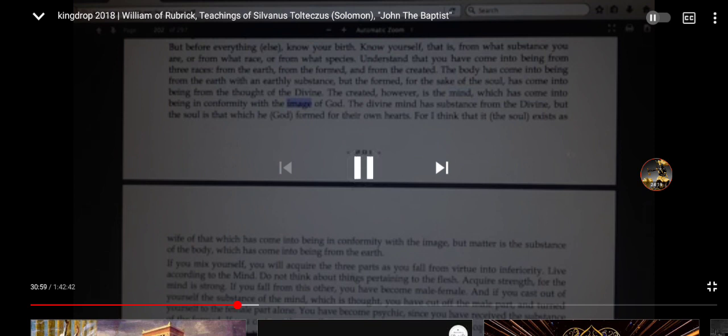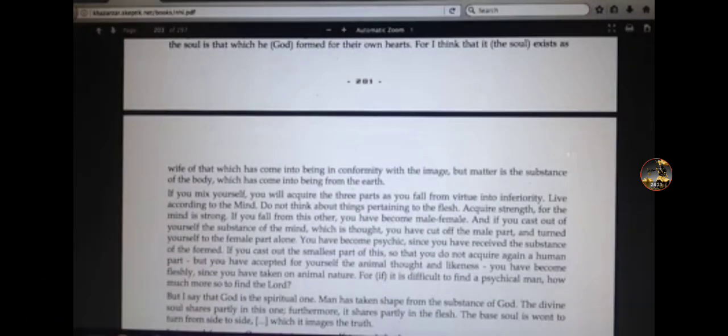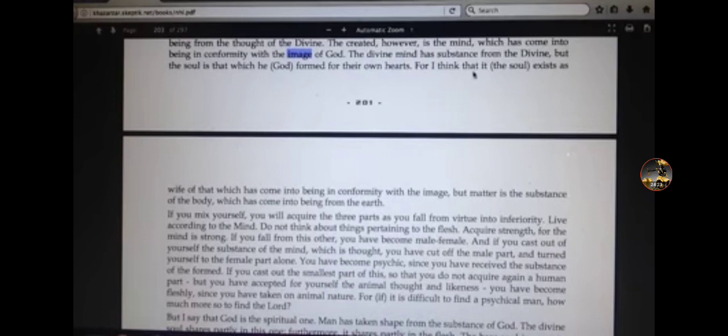Of Hawa. For I think that the soul exists as a wife. Your Ruach, your soul, exists as a wife of that which has come into conformity with the image, the mind.